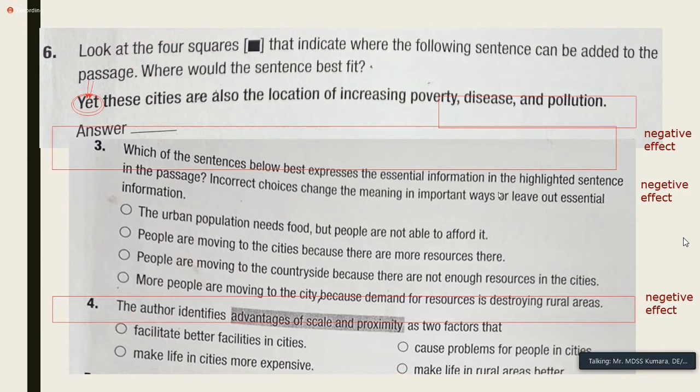But here, yet is not an adverb. Here, yet is used as the conjunction. This is the connective. So knowing the meaning of the connective is really important in order to insert this into the passage. What is the meaning of yet as a conjunction? At the same time.